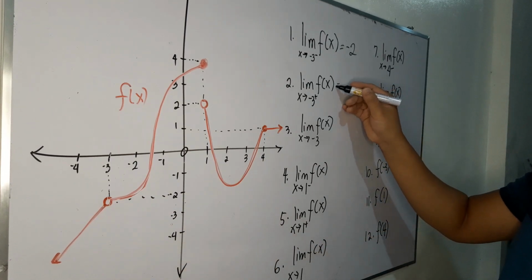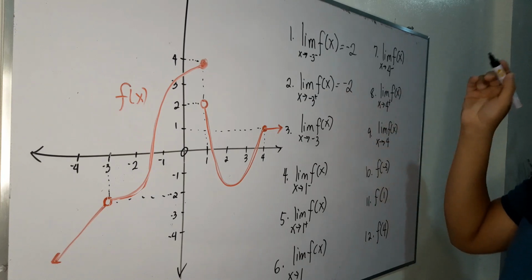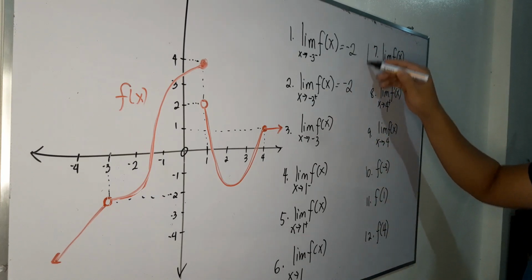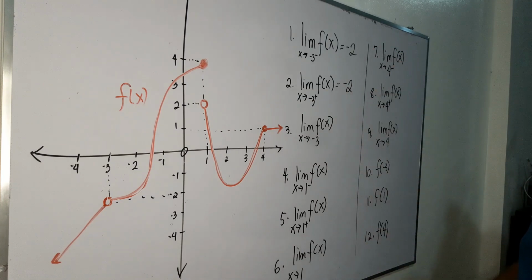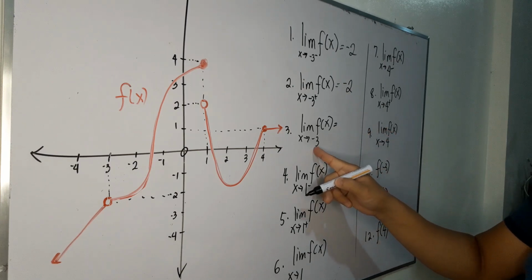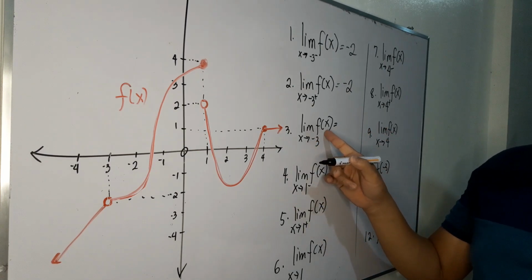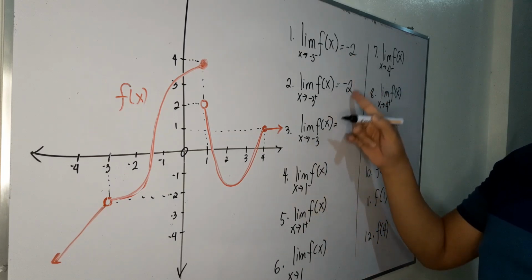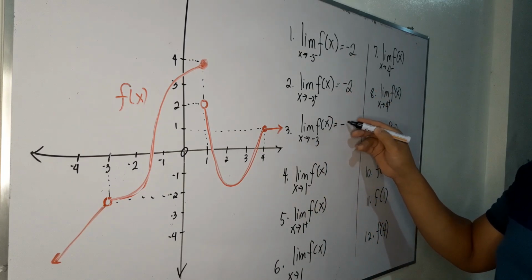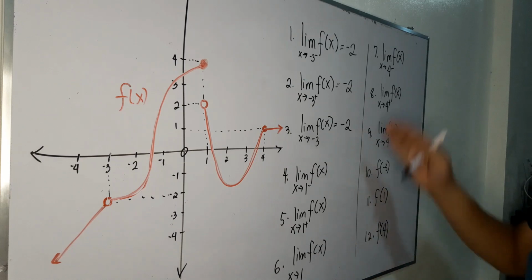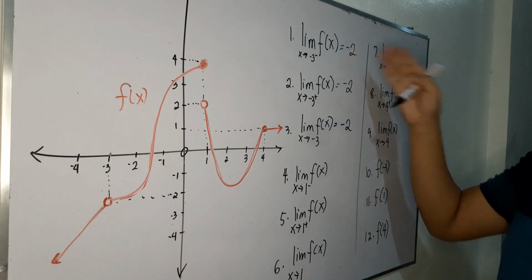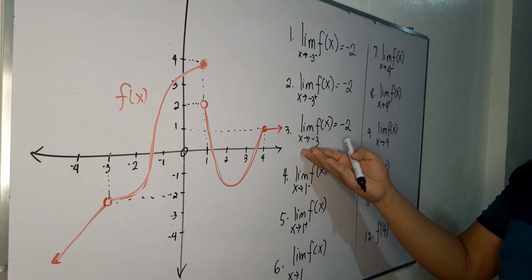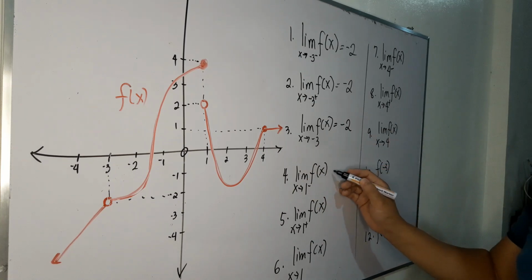So the limit is also negative 2 if we move to negative 3 from the right. And the two-sided limit, the limit of f of x as x approaches negative 3, if these two are the same, it's also equal to that.